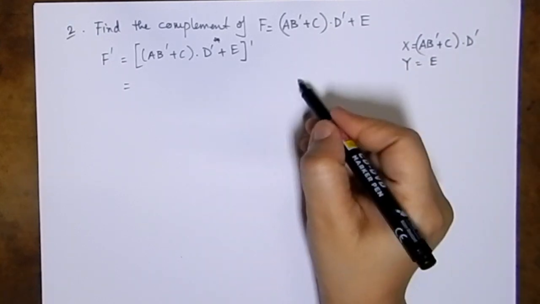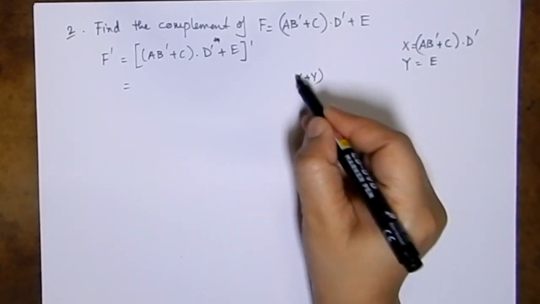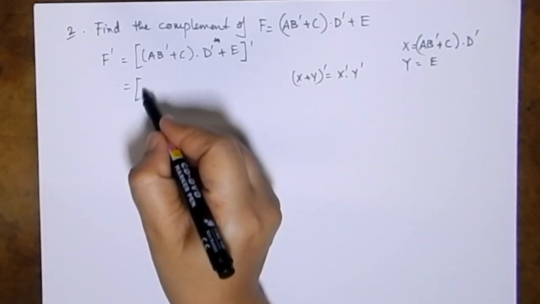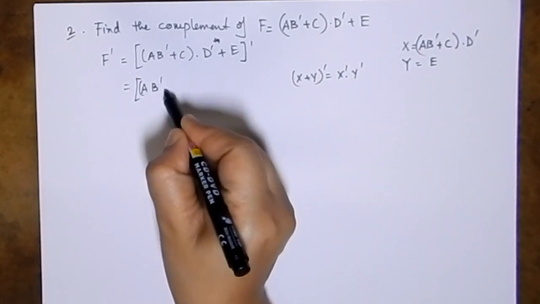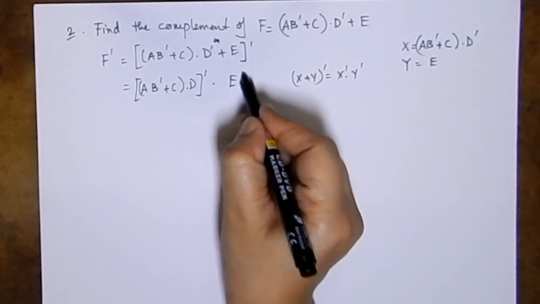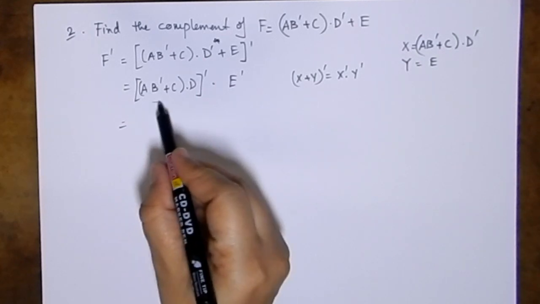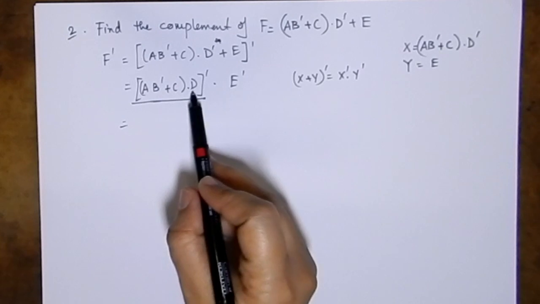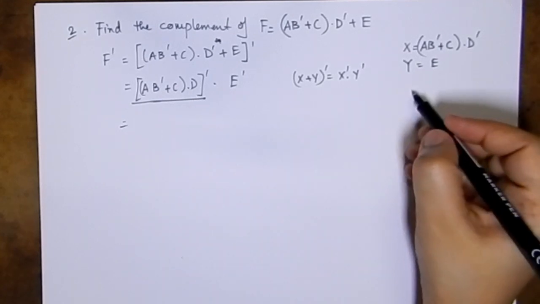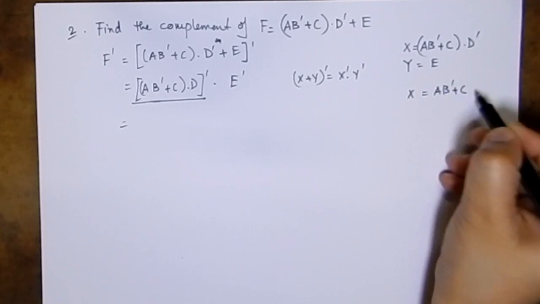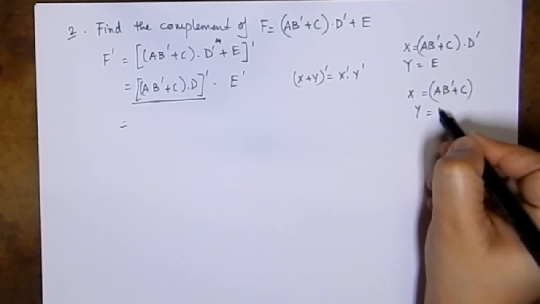So I will use the first law, that (x plus y) whole dashed is x dashed dot y dashed. So let's put it here: (ab dashed plus c dot d) whole dashed dot e dashed. Again, this is a product of two terms, where x equals ab dashed plus c and y equals d.